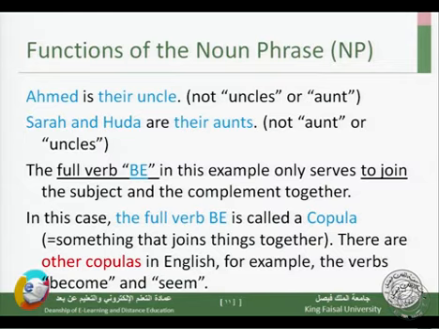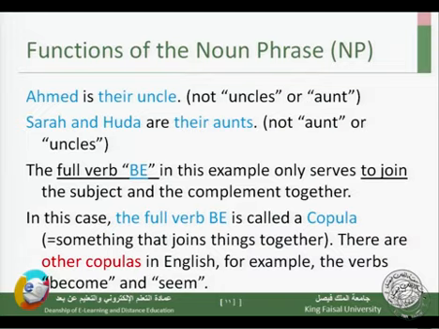We can't say Sarah and Huda are their uncles, because Sarah and Huda refer to females and uncles refer to males. So we need to use aunts in this case. So again, if we have a subject, a verb to be, and a complement that is a noun phrase, the noun phrase must agree with the subject in both gender and number.